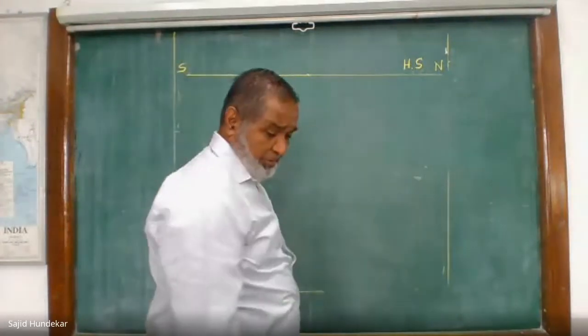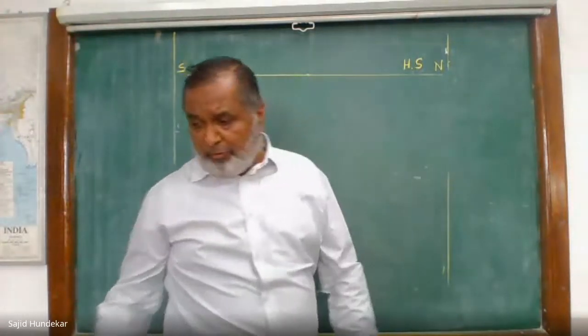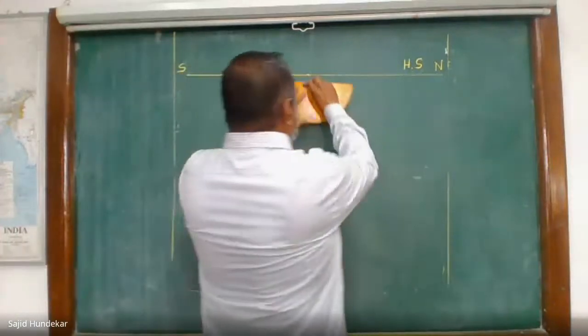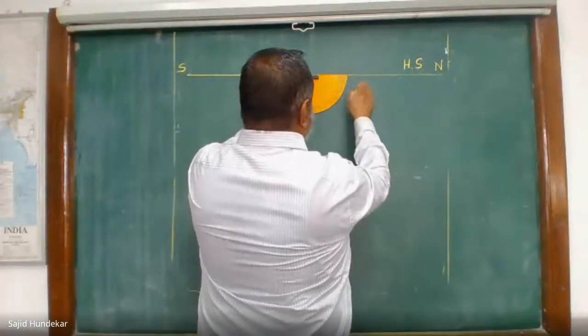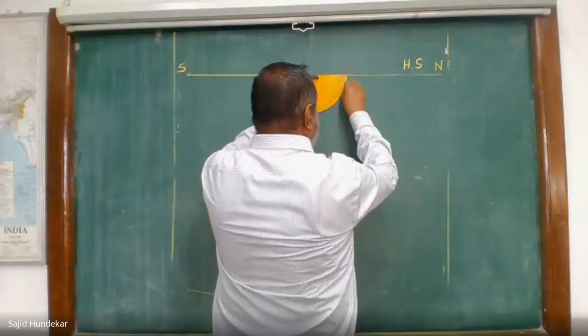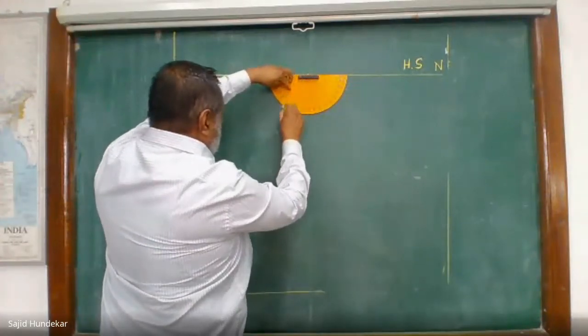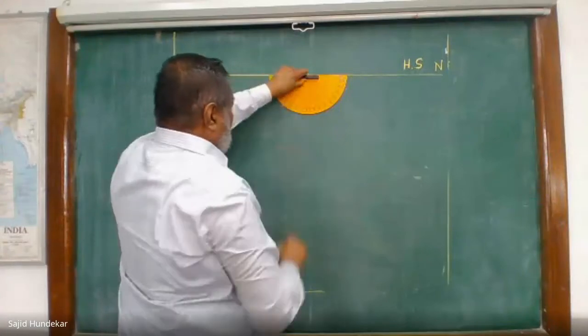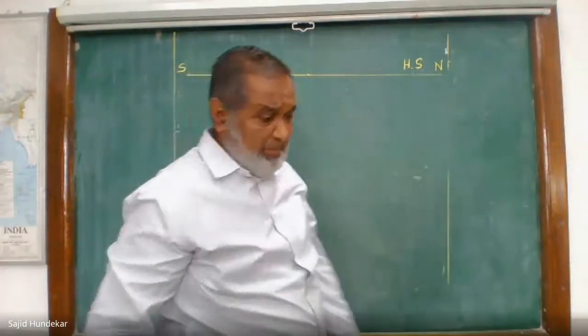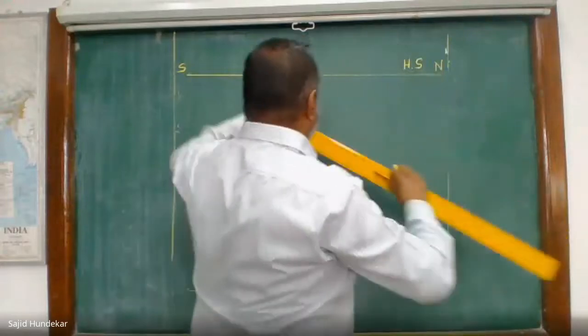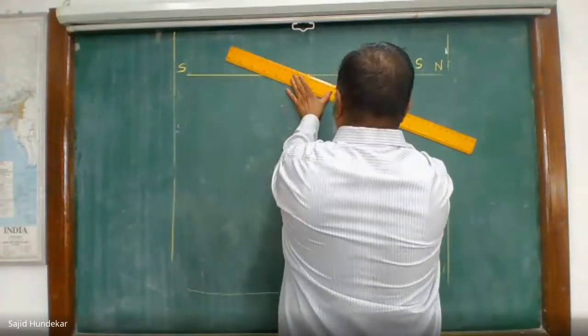This is the north we have found here. We have to take the angle 20 degrees towards north and 50 degrees towards south. 10, 20, 30, 40, 50 degrees towards south. Join these 2 points by your scale so that you can get the hill slopes.